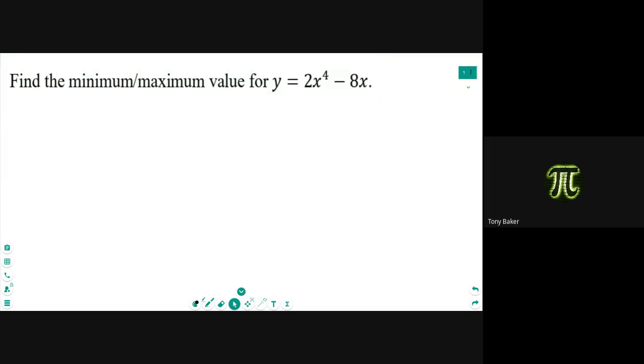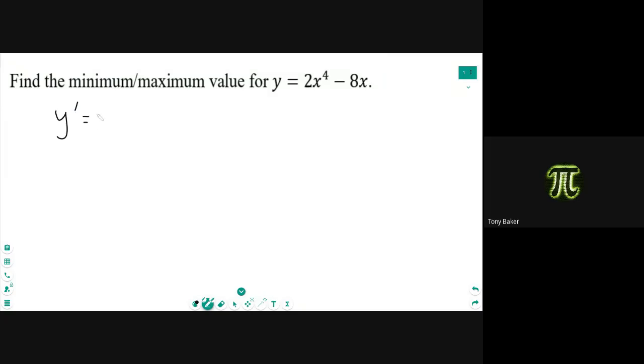So we want to find the minimum and maximum values for this function. So to find my minimum and maximum values, what do I need to figure out first? I need the derivative to find my critical numbers.